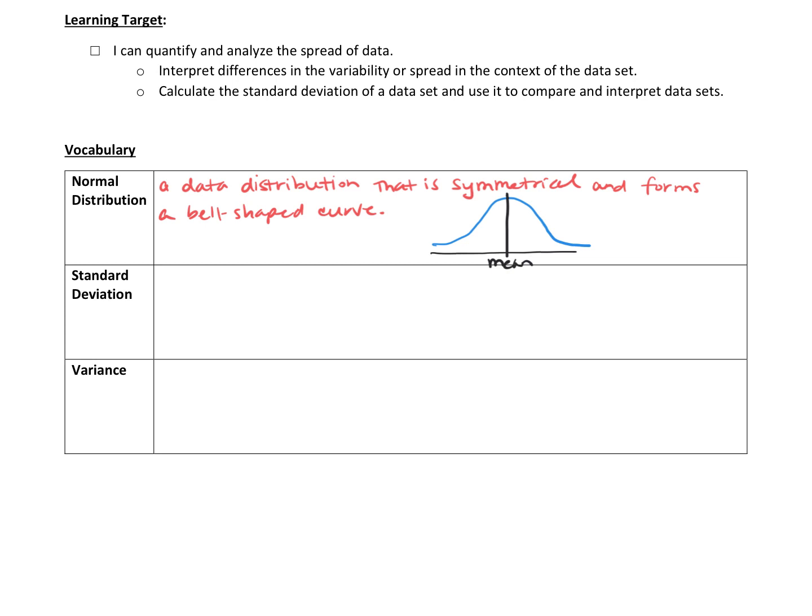All right, our next vocab word is standard deviation. This is what the lesson is about. This is a measure of spread for a data set that is used when the data has a normal distribution.